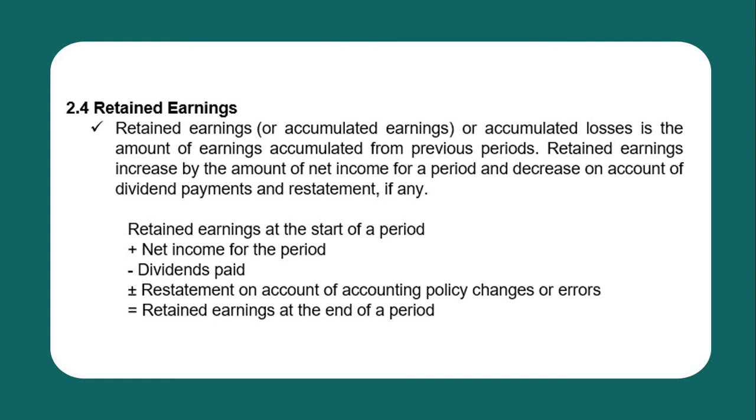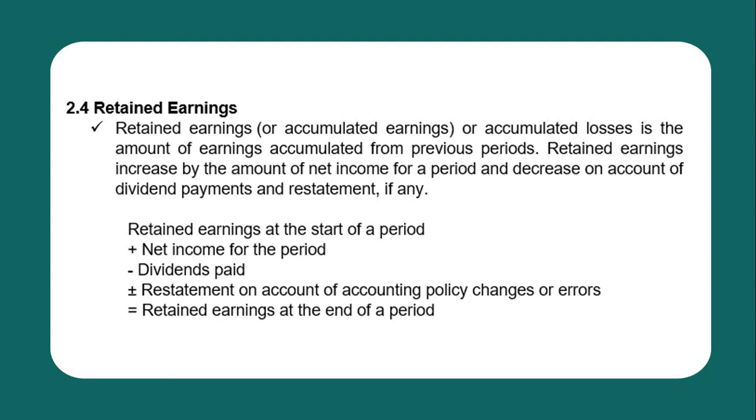And last but not the least, retained earnings. As part of the shareholders' equity, we also have the retained earnings. Retained earnings, or known as accumulated earnings or accumulated losses, is the amount of earnings accumulated from the previous periods.